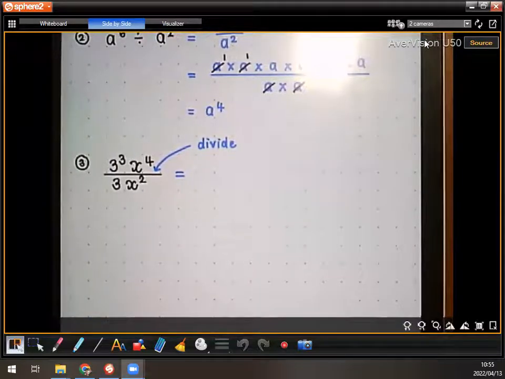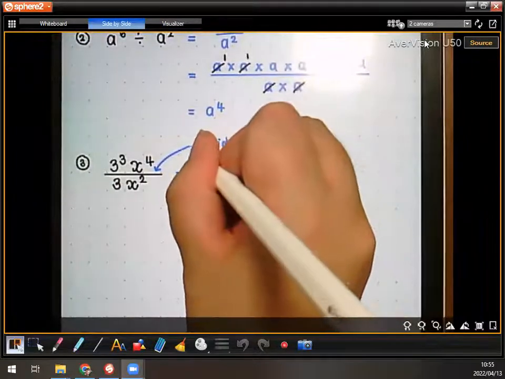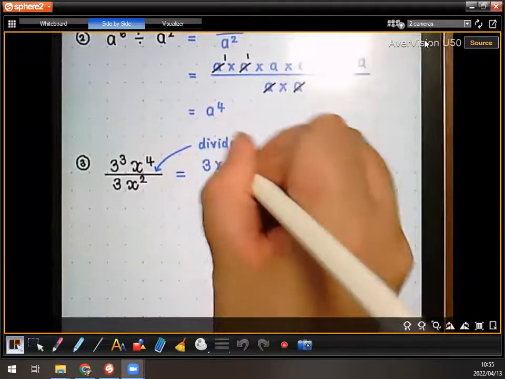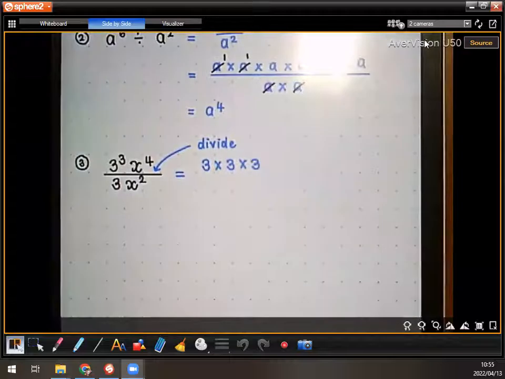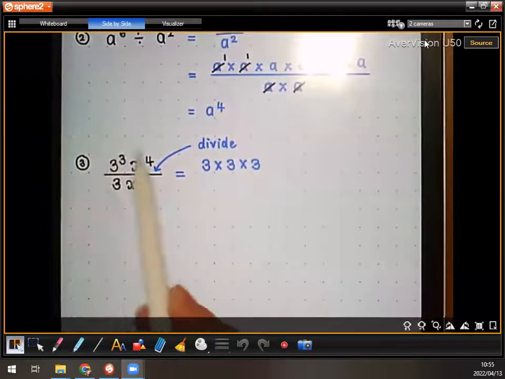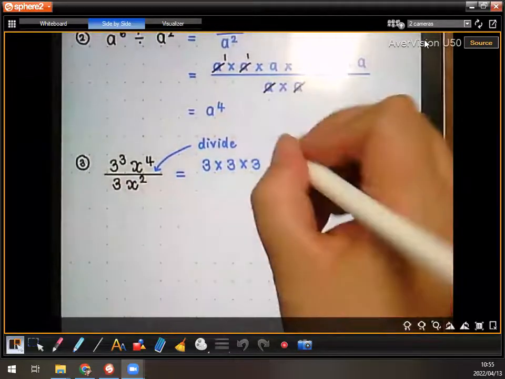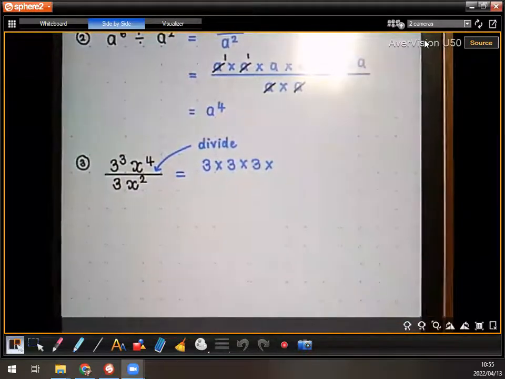So let's expand what we have at the top and the bottom and see what happens. 3 cubed is 3 threes, right? 1, 2, 3 of them. And guys, what am I doing again if I have a number written next to a variable? That's multiplication, right? If it's a 3 cubed next to an x to the 4, that means that I'm timesing these together. So I'm going to say times again.